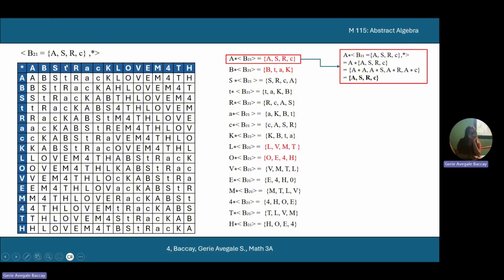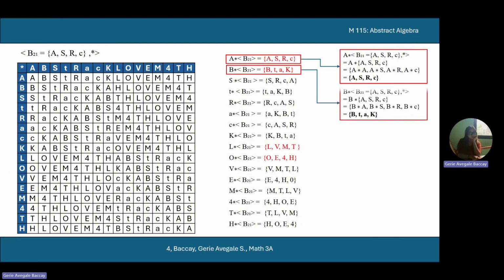Then A star R is R, that's why we have R here. And then A star small c is small c. That's how we get the left cosets. We do the same process using the unused elements until we form all the distinct cosets. For B sub 21, we have 4 distinct left cosets.